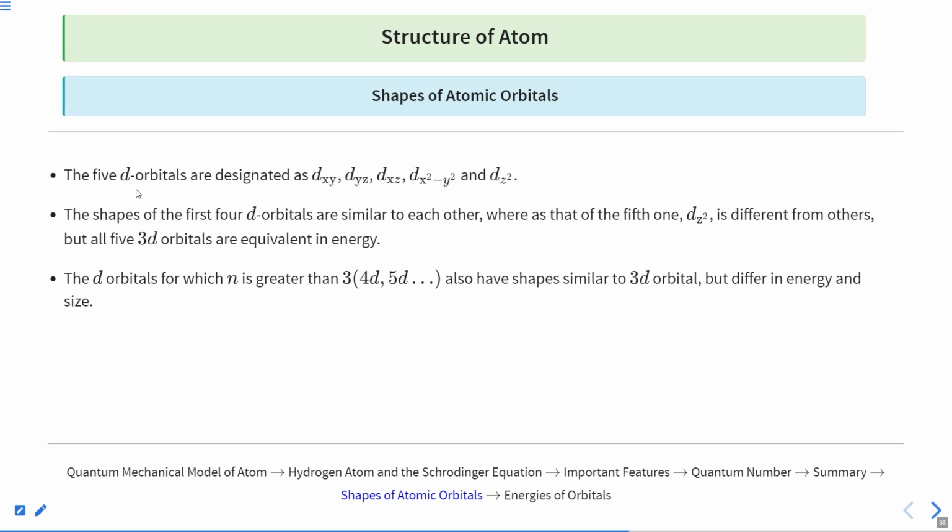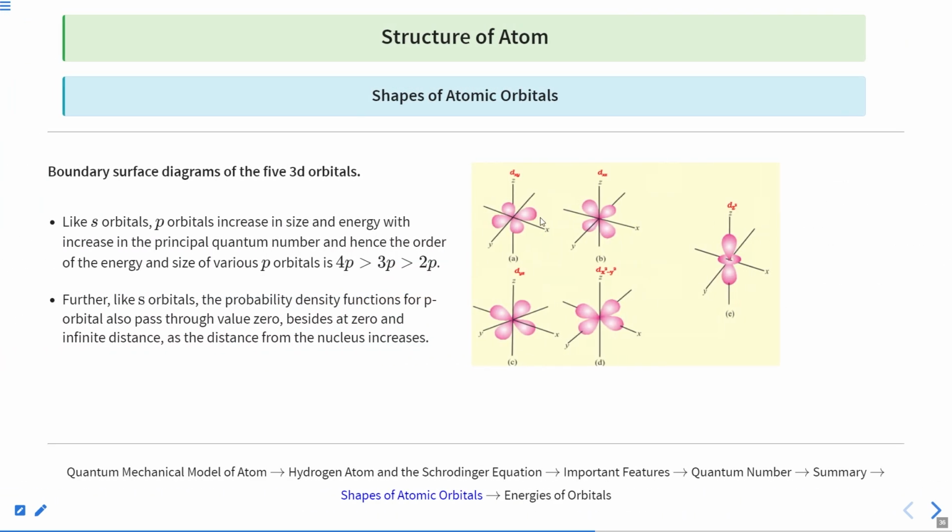Now, these are the 5 d orbitals: dxy, dyz, dxz, dx square minus y square, and dz square. You can see very clearly that this is dxy, because the lobes are present between the x and y axes. Here, in dx square minus y square, the lobes are present along the axes, so this lobe is oriented along the y-axis and this lobe along the x-axis.